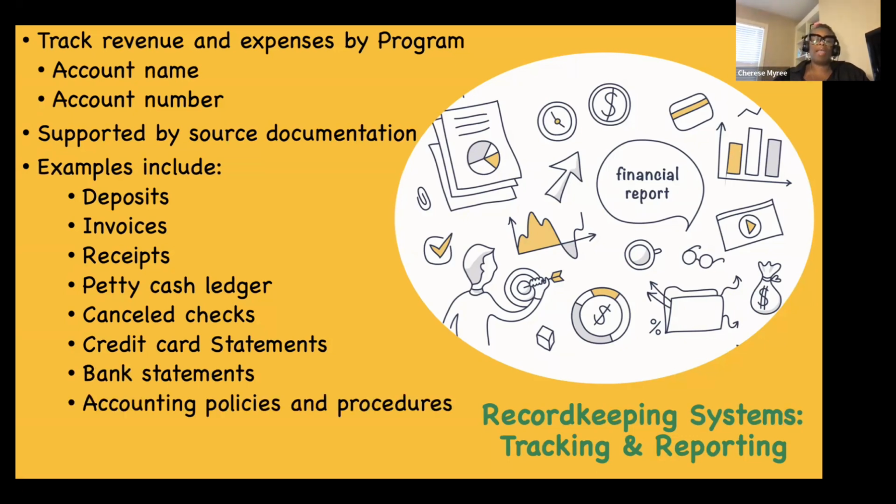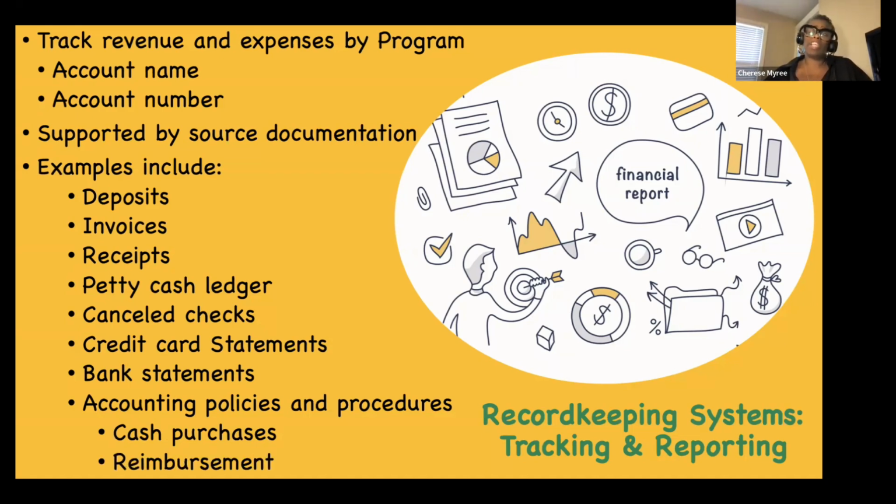Your written accounting policies and procedures are a key component of what will support your record keeping system and how you support tracking transactions. It'll speak to things like your cash purchases. If any of you utilize cash, you should have a written procedure on how that's done and how that actually flows through whatever accounting system you use. So you need to have a ledger or a process associated with that.